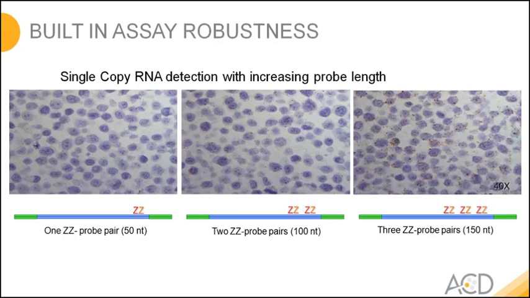In the middle, we designed a probe consisting of 2 pairs, and on the right-hand side, one consisting of 3 pairs, loading 3 Christmas trees. On the right-hand side, you can clearly see the signal coming up and the dots showing up. This means that once you have loaded 3 Christmas trees to a target, the dot becomes visible. And as I said before, our default design is 20. That gives the assay a lot of built-in robustness.